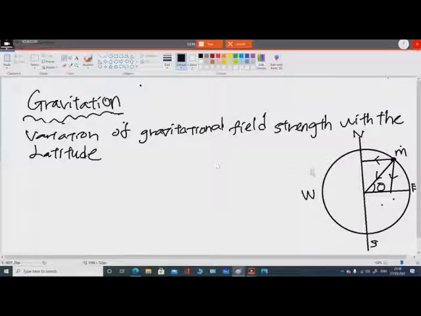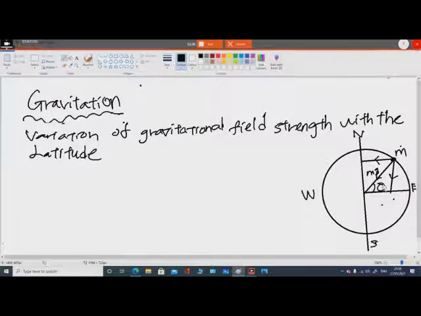As we know, this represents the weight of the object, which is mg, or well known as the gravitational force, which points directly towards the center of the circle.